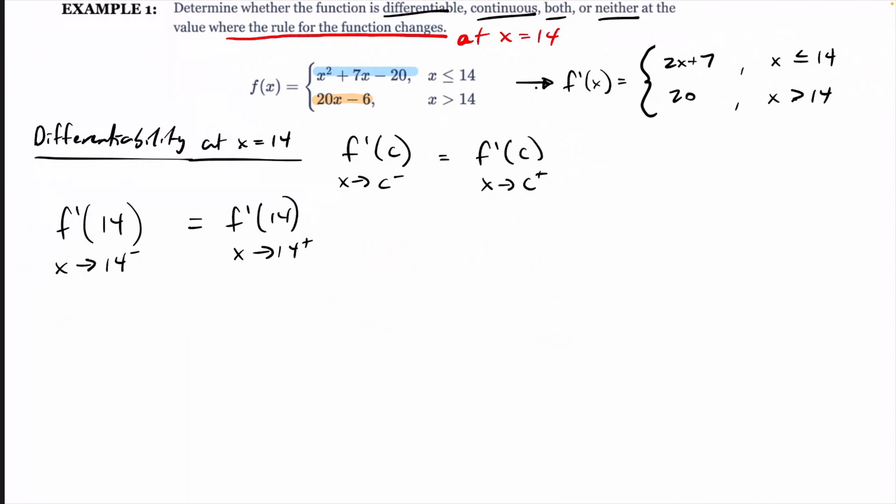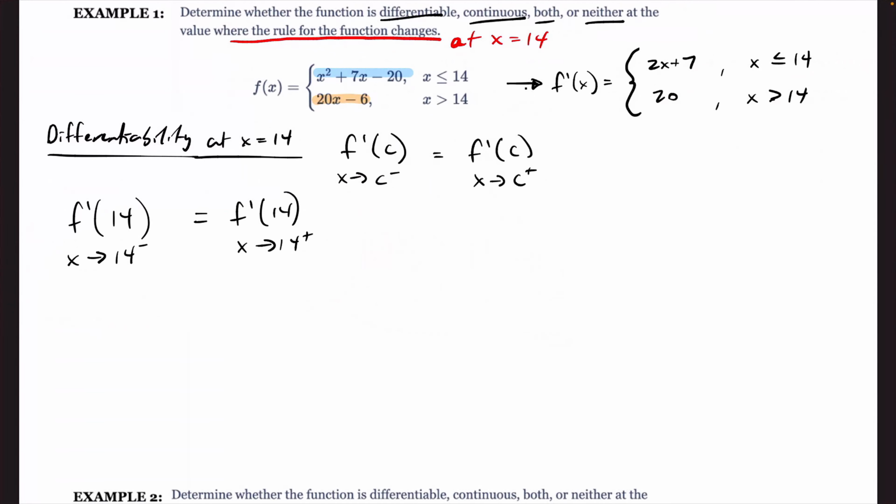So I'm going to plug in 14 into the derivative and see if I get the same answer from the left and from the right. If I plug in 14 from the left side, the less than side, I got to plug it into the top, right? Yes. Okay, so 2 times 14 plus 7, and I get 35.